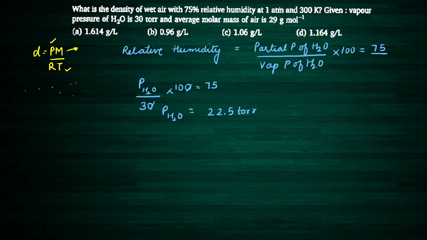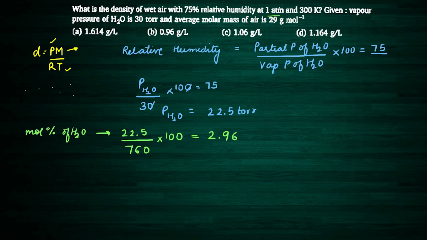inside the mixture of the complete gas is 22.5 torr. So if we have to calculate the mole percentage of water, it is 22.5 divided by the total pressure. It is 1 atm, we've been provided with this data. So that will be 760 torr times 100. When you solve this, it comes out to be 2.96.